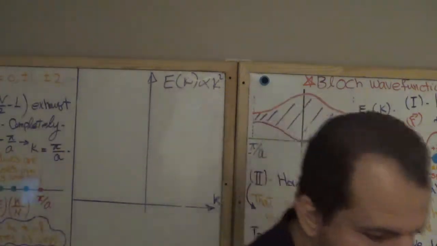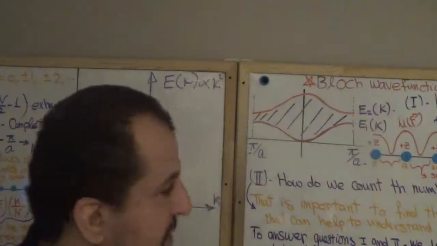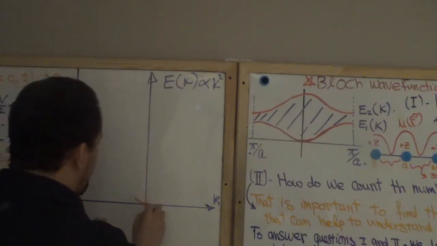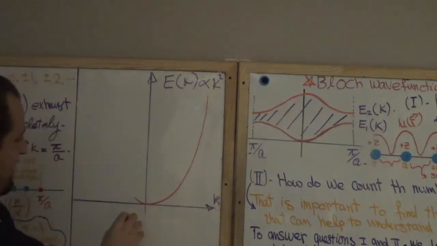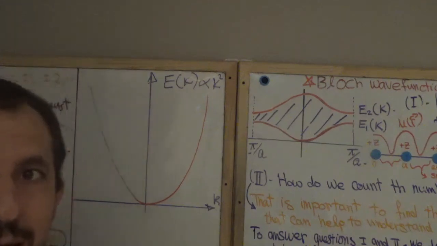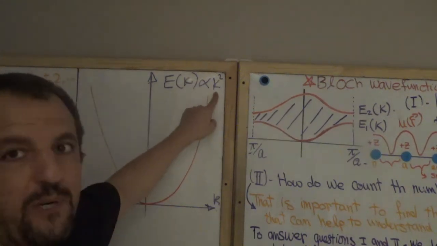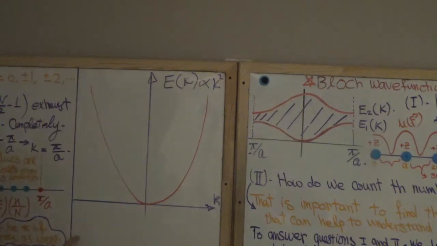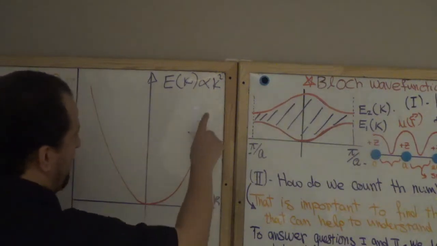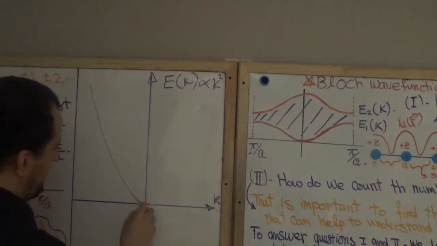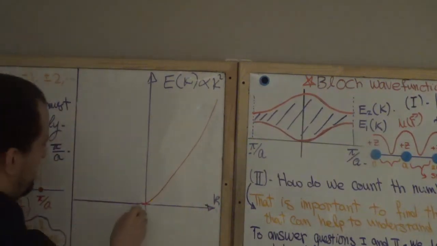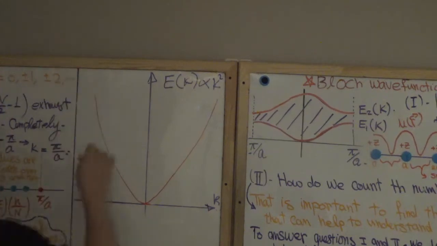If I try to plot E versus K, guys, what kind of plot will we have? We will have a parabola, as you can see right here, because E is proportional to K squared. But what will happen here, guys? The thing that can happen, I will try to draw this again. Maybe go like this. And for this one, I will try to go a little bit like this.